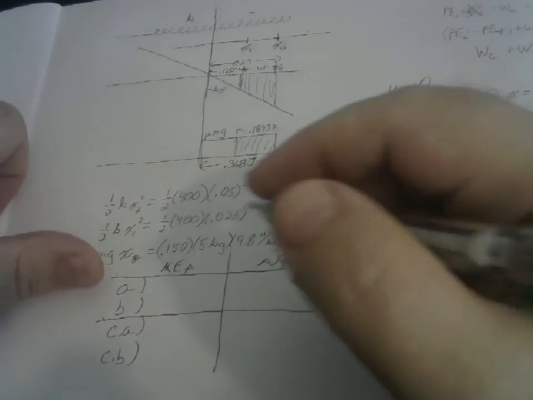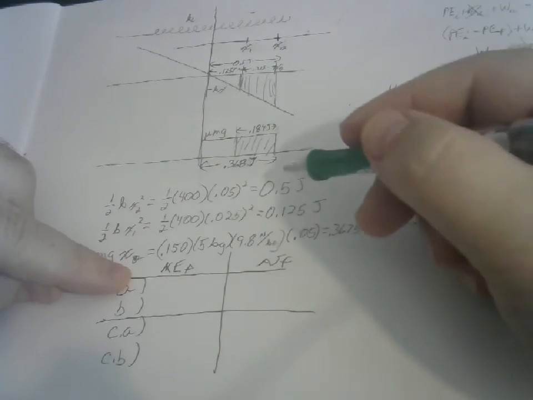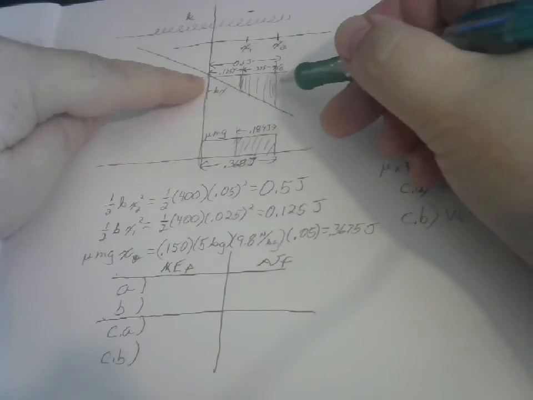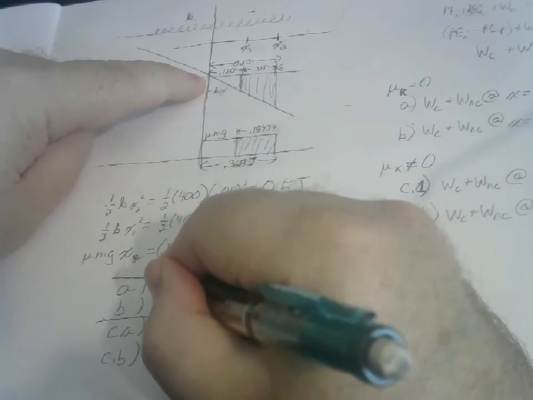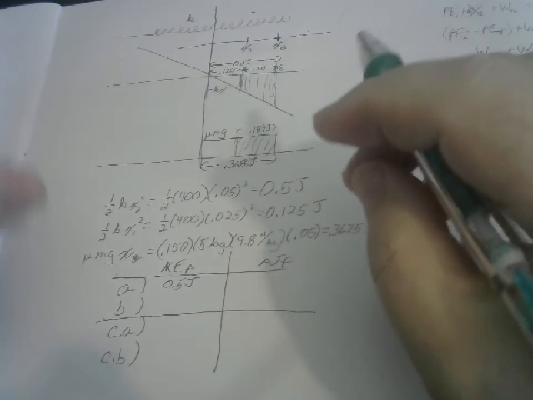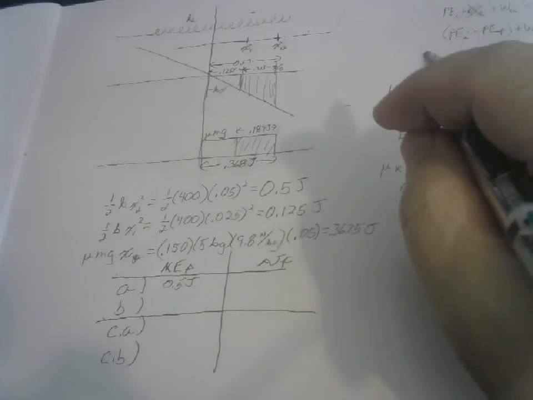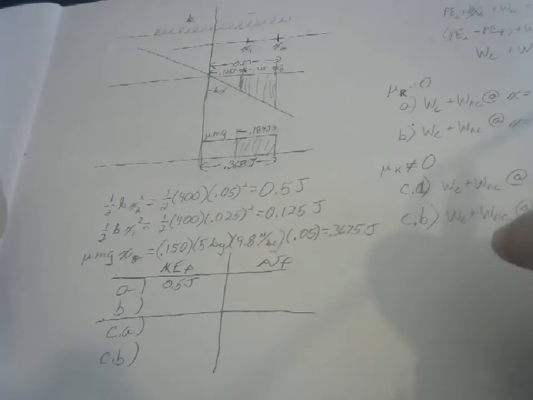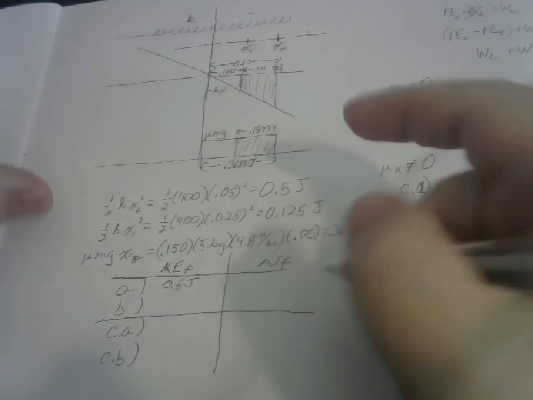So for part A, the final kinetic energy was the total area of that triangle, which was 0.5 joules. For part B, the total kinetic energy was the area of that part of the triangle, which was 0.375 joules.